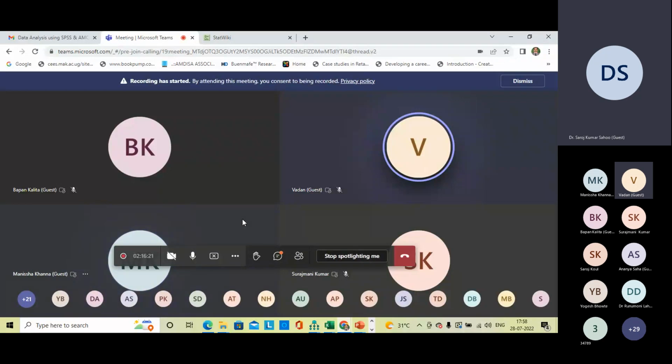Number one. But most scholars say, sir, I have already collected the data. Now in the final stage of my thesis, it is not possible. Okay, leave it. If you have sufficient data, suppose you have decided your sample size is to be 300 and you have 350 data, that means sufficiently more than the sample size.